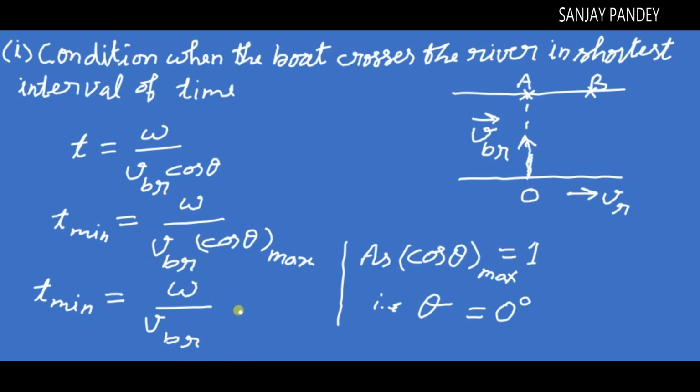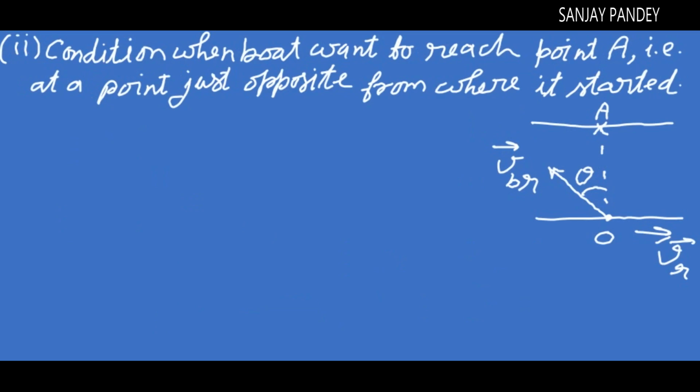Let it be equation 3. Now the second condition is the condition when the boat wants to reach point A. Here is point A, just across the river, that is, at a point just opposite to where it started. For it, the drift x should be 0.